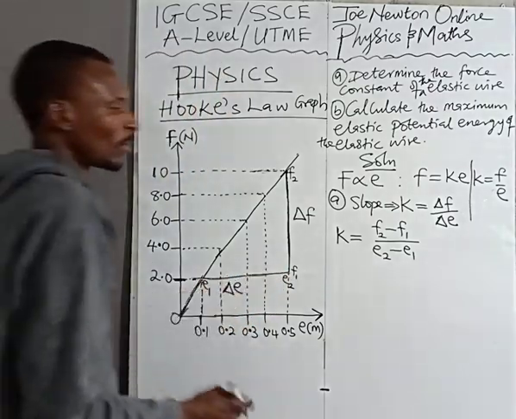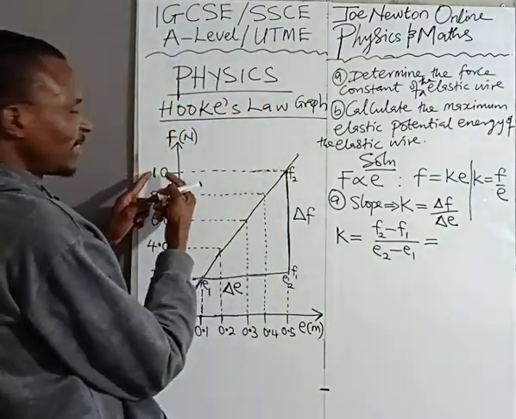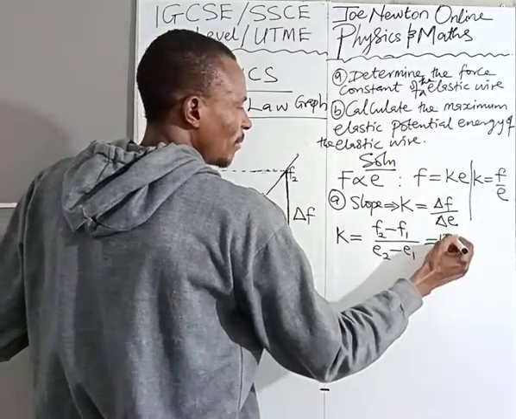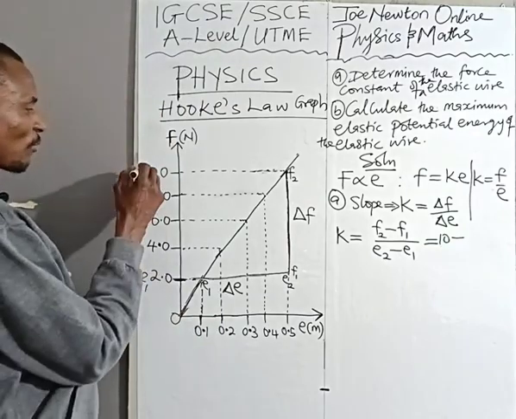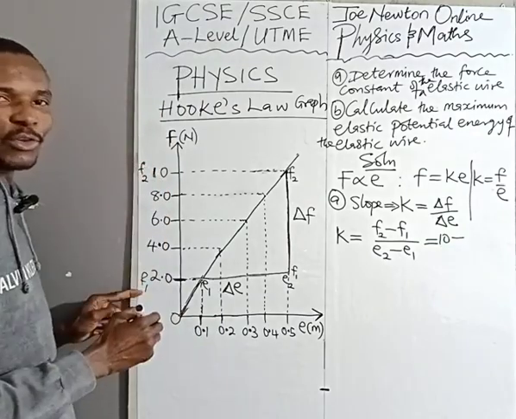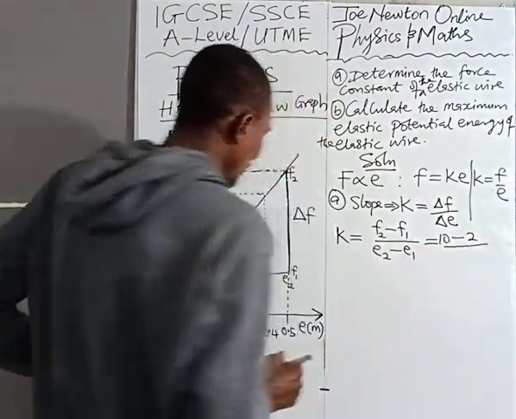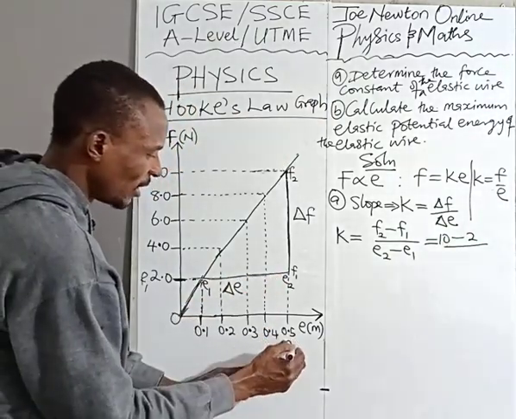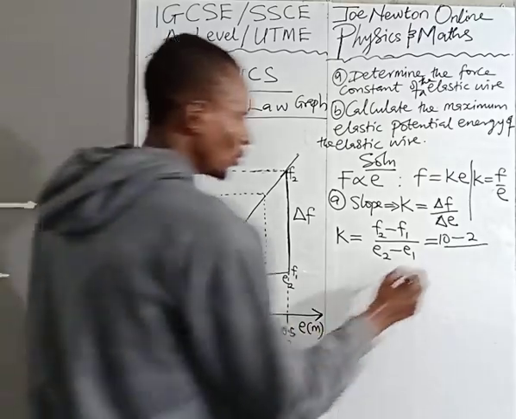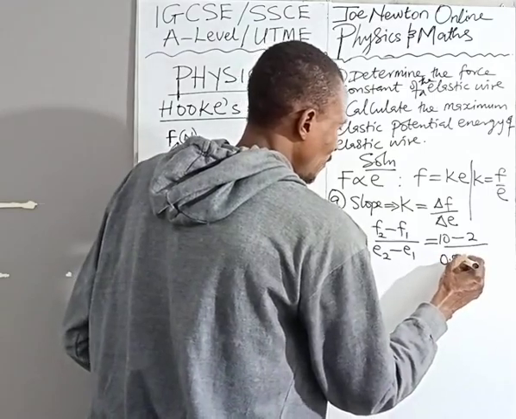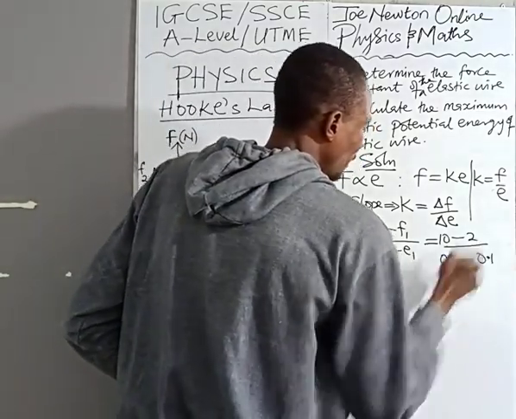Which is equal to our F2 here is 10 minus our F1 here, which is 2, over my E2, which is 0.5, minus my E1, which is 0.1.